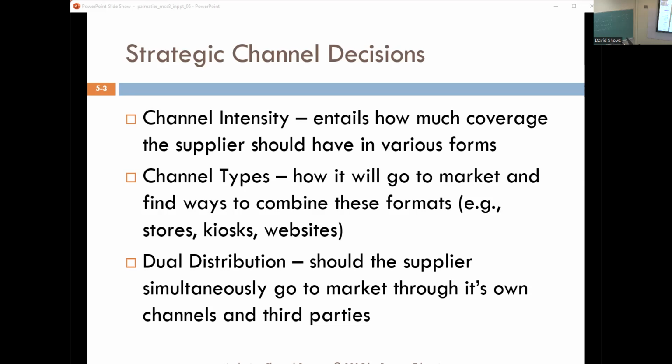And then finally, dual distribution, which is should the supplier simultaneously go to the market through its own channels and through third-party channels. In essence, we're having our cake, or actually it's eating your cake and having it too. That's the proper way of stating it. Should we do a vertical market strategy and a traditional classic marketing structure at the same time?